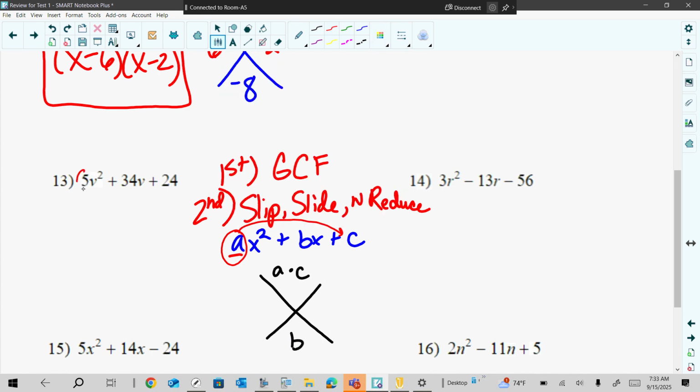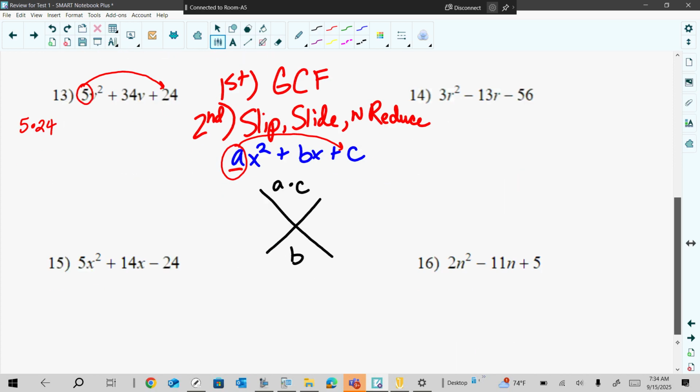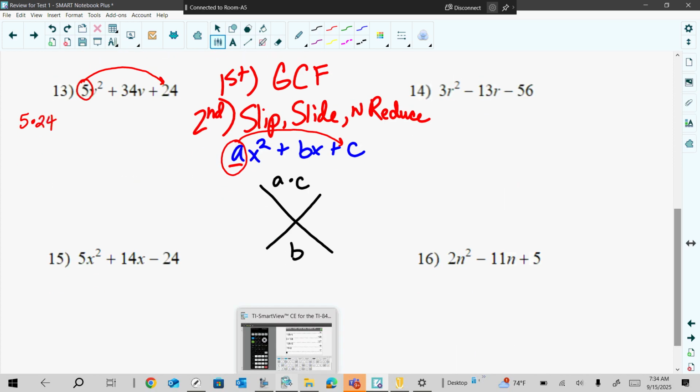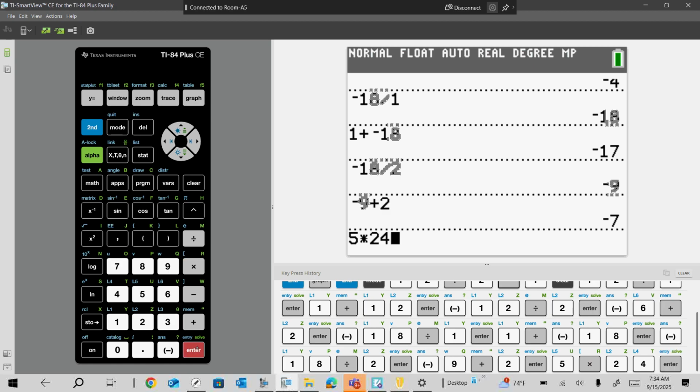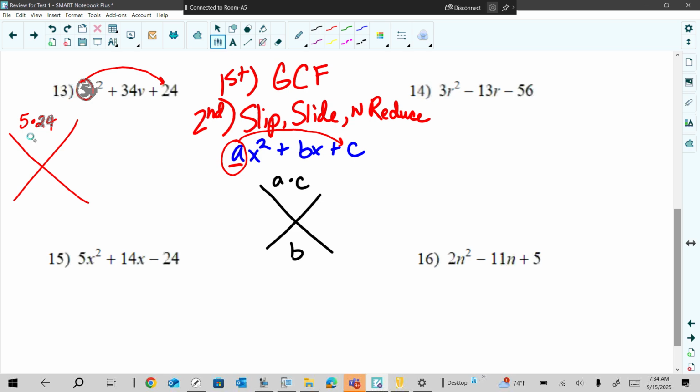Okay, so I'm taking this 5, I'm going to slide it to the 24, and I'm doing 5 times 24. What is that, 120? Okay, so we're looking for factors of 120, and our b is 34. So factors of 120 with the sum of 34.